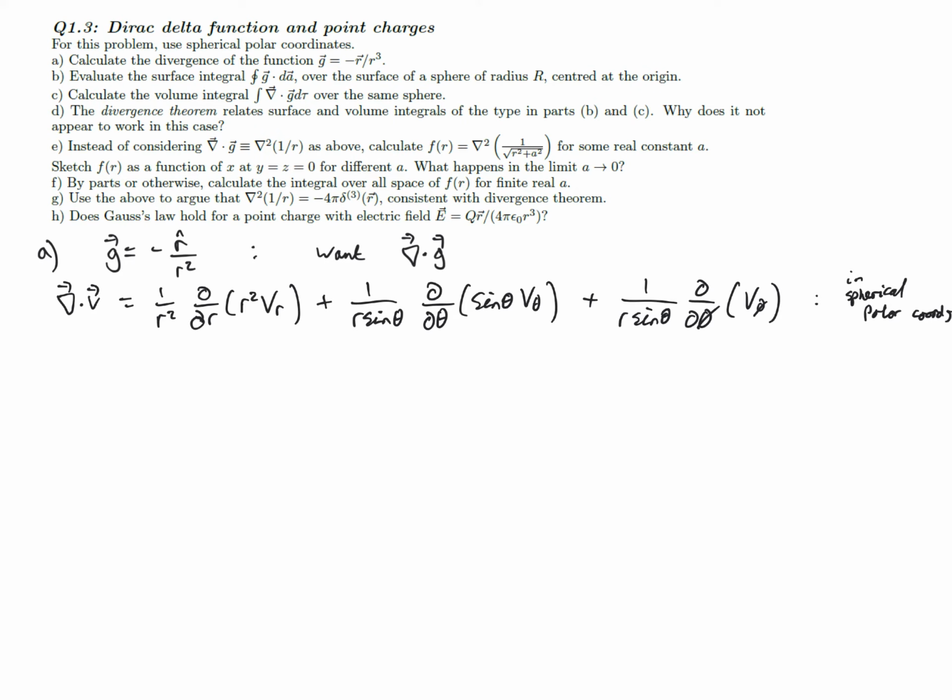And again, the nice thing about this is that we only have a radial dependence to our vector field g, and so the d by d theta and d by d phi terms are immediately gone.